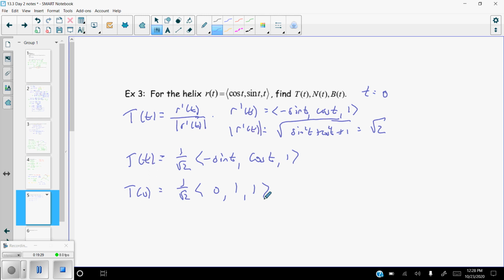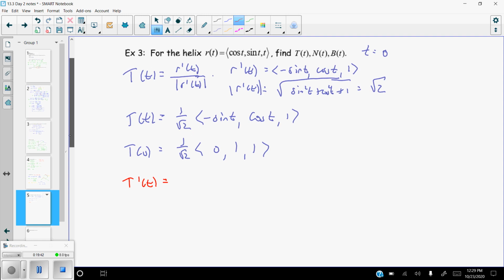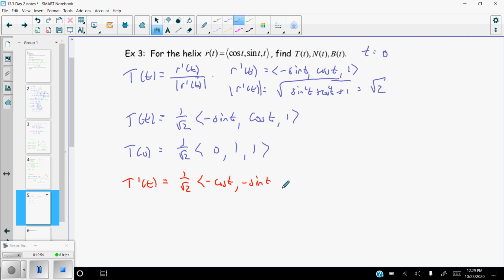To find the unit normal vector, we're going to need T prime of t. Okay, we already have T of t, so now we can find its derivative. So T prime of t is going to be 1 over root 2 times: the derivative of negative sine is negative cosine, the derivative of cosine is negative sine, and the derivative of 1 is 0.